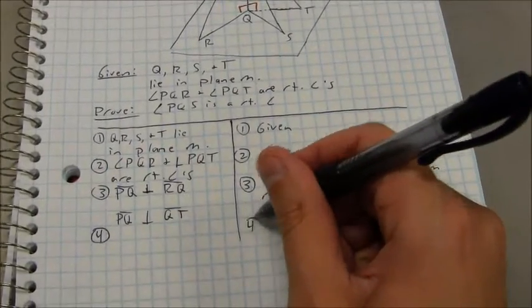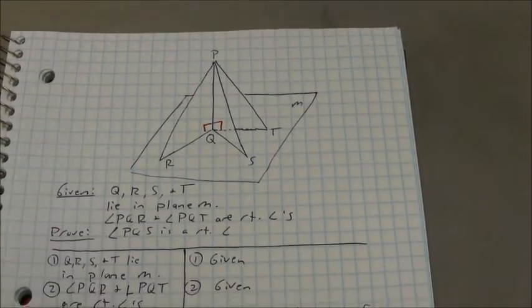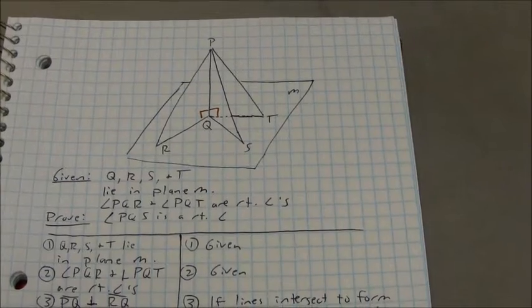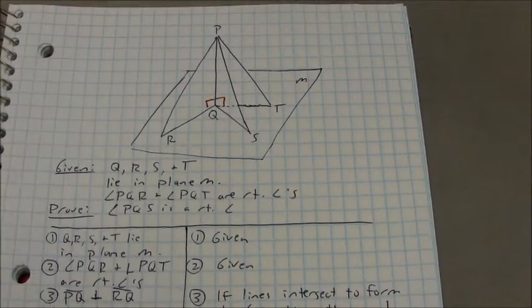And what that tells me then, referring back to my mailbox problem from class, is that if you measure right angles from two different sides, you can show that a line is perpendicular to a plane, and that's what I've done here.